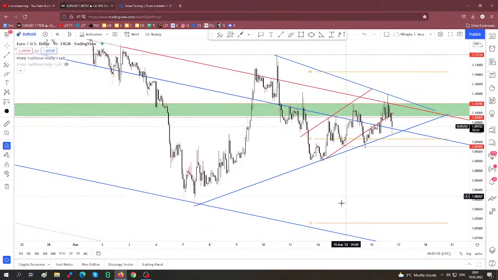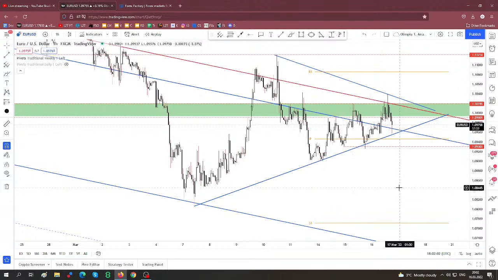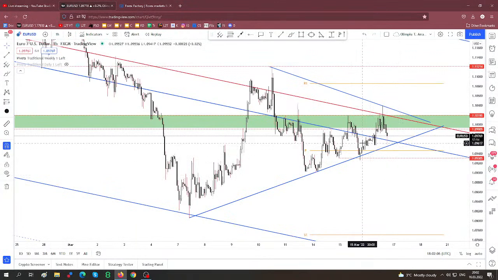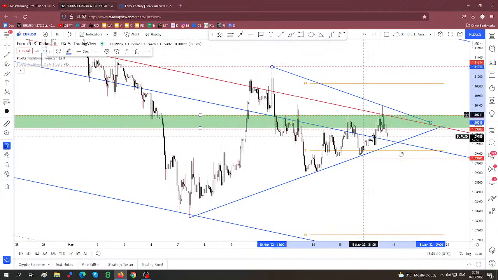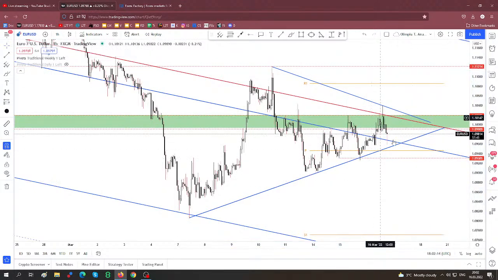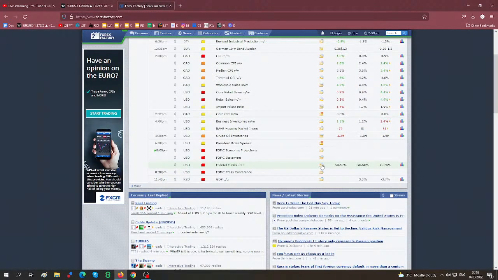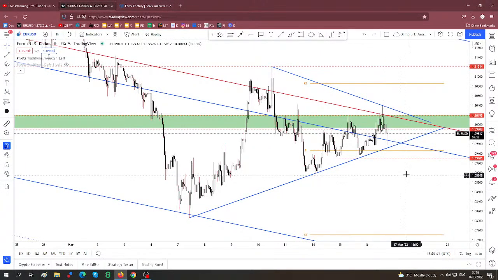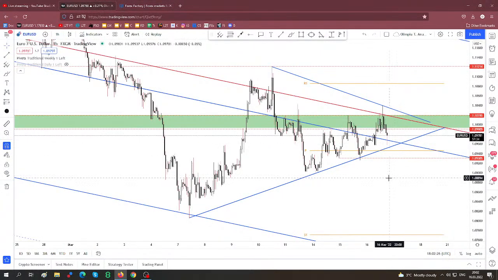I'm still keeping my pending order here in euro versus the US dollar. On 1 hour, I've told you that euro versus the US dollar is trapped between the immediate downtrend line and the uptrend line. Sell-off right now after the federal funds rate release, but we'll have to wait. I told you we could have sharp movements in both directions, right?